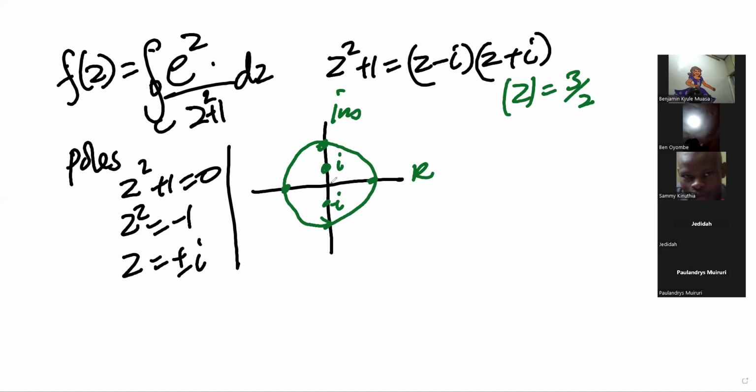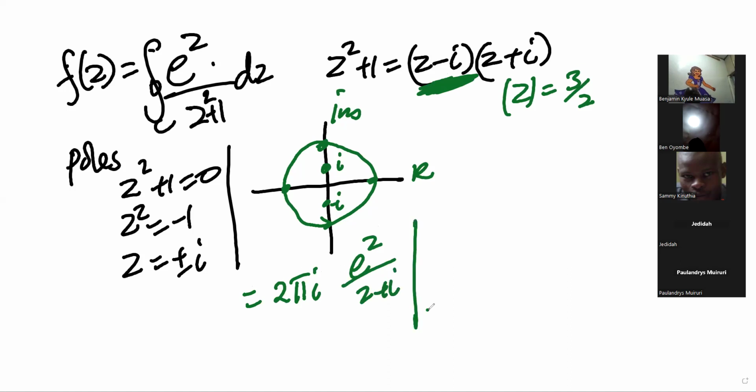We're going to add the residues together. So our final answer will be 2 pi i times e^z divided by z plus i, where z equals i. This i we get from here. We can just put divided by z minus i to show what you are using.